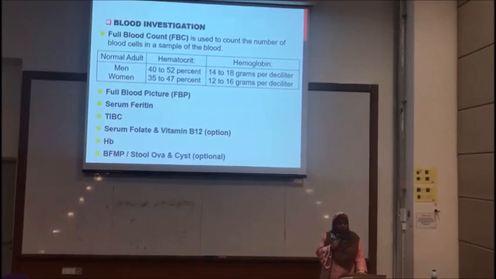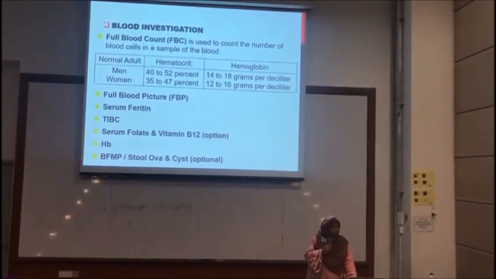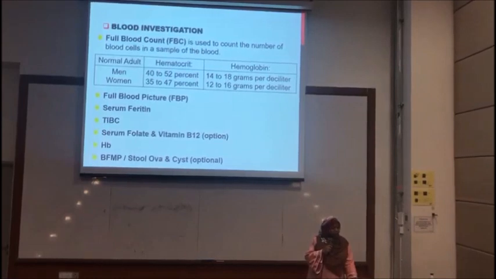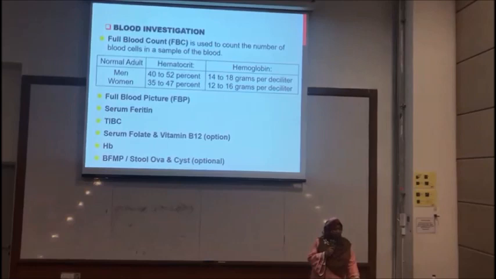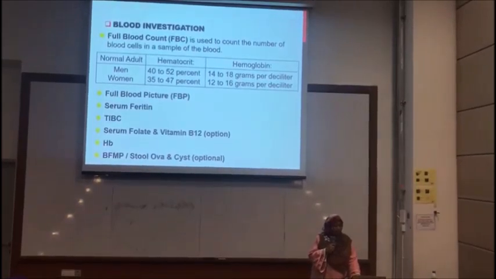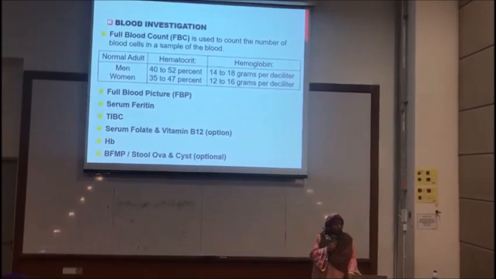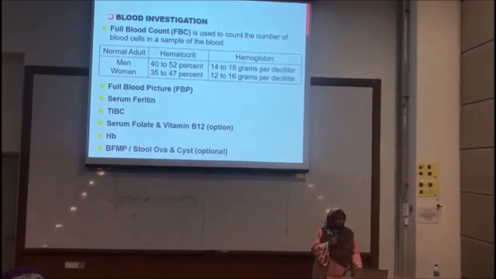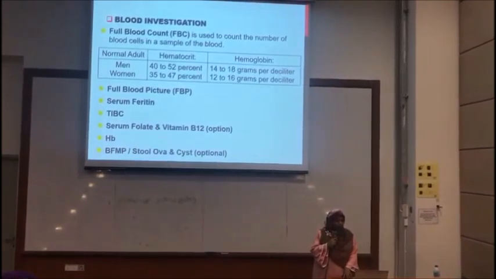For blood investigation to define anemia, the physician will order the full blood count, used to count the number of blood cells in a sample of blood. For a normal adult man, hematocrit ranges 40 to 52%, hemoglobin 13 to 18 grams per deciliter.